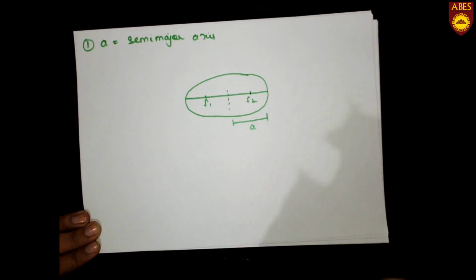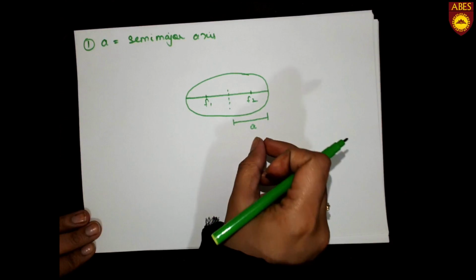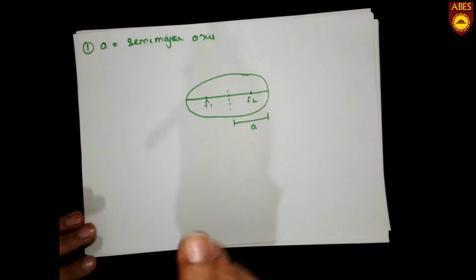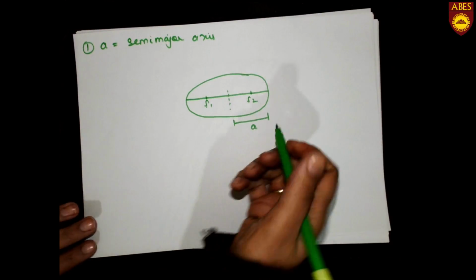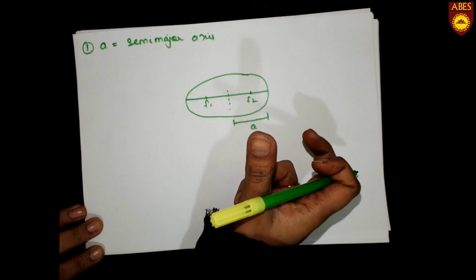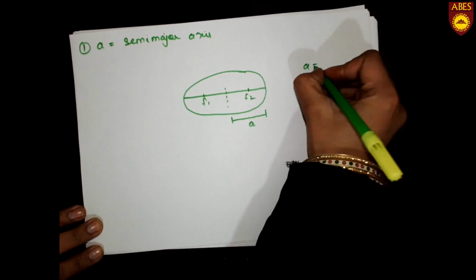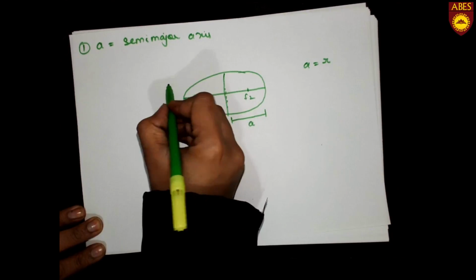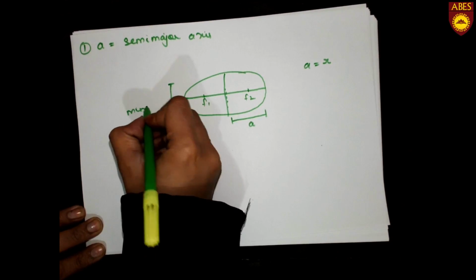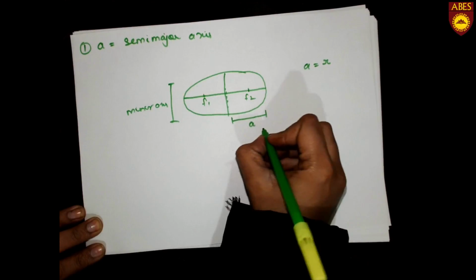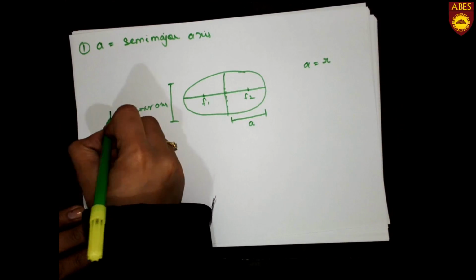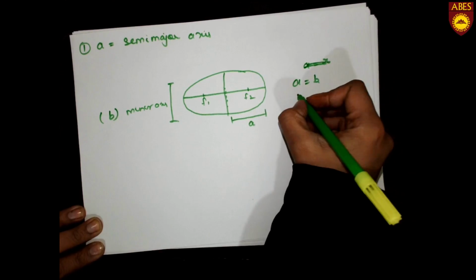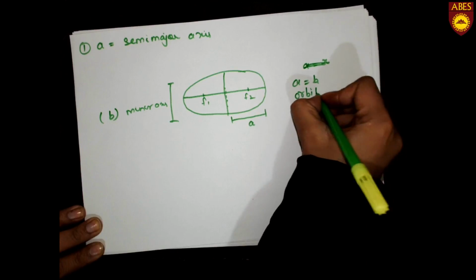This is the parameter which is used to tell the shape of the orbit, that is, exactly what the shape of the orbit is. If the semi-major axis and the minor axis are equal, denoting the minor axis by B, so that A is equal to B, then the orbit is circular.